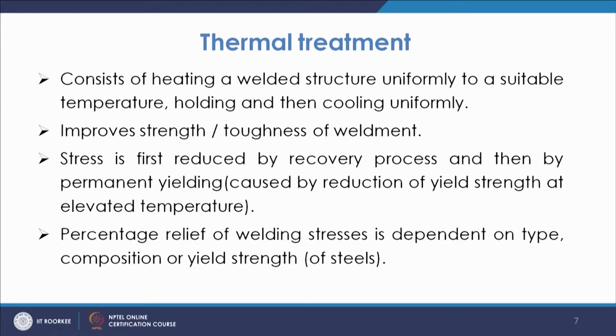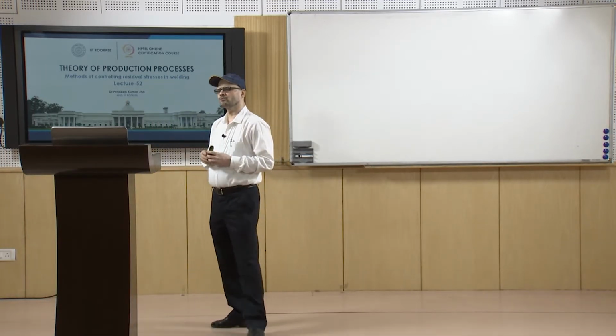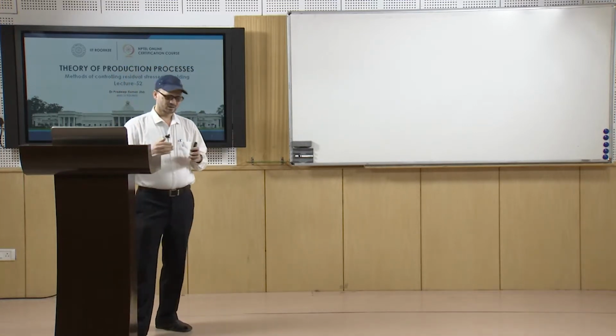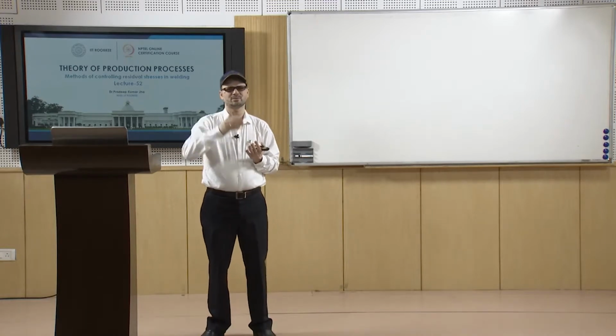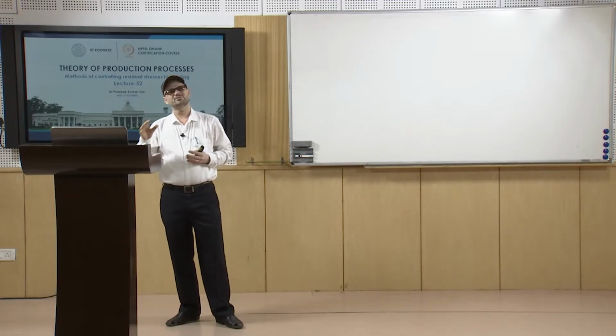So, in this thermal treatment, we are heating the weld structure uniformly to a suitable temperature, holding, and then cooling uniformly. In this case the strength is improved as well as the toughness of the weldment. Now, as we discussed, there is a predetermined temperature up to which we are heating, we are holding at that temperature, and then we are cooling.